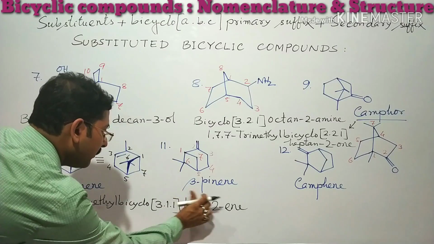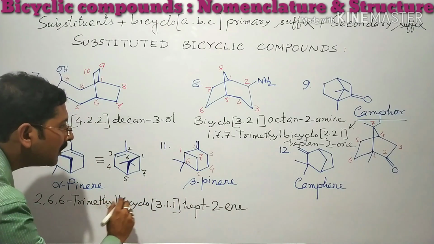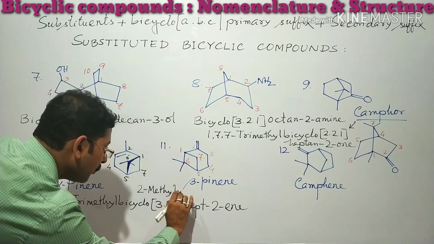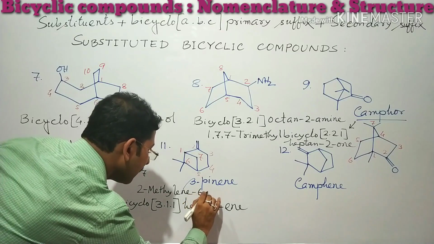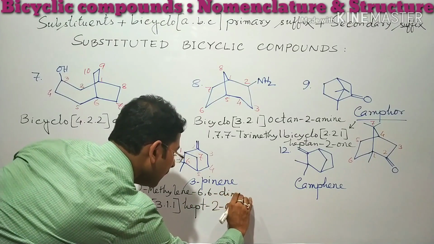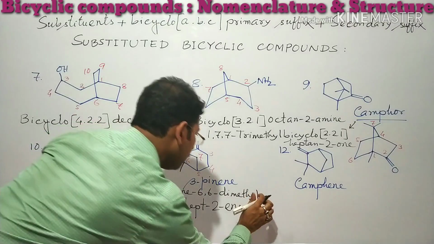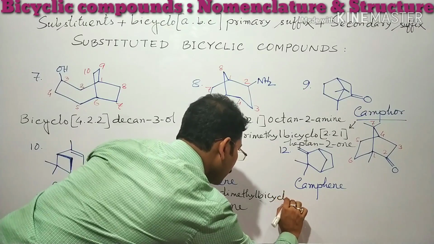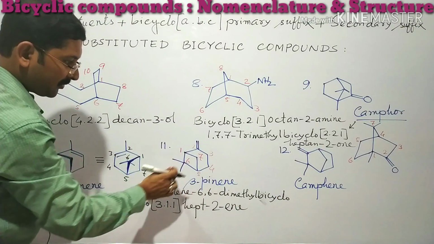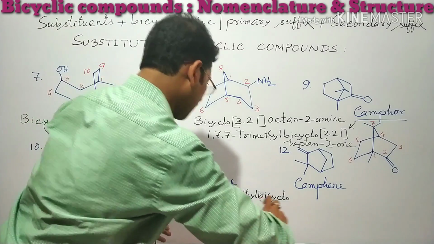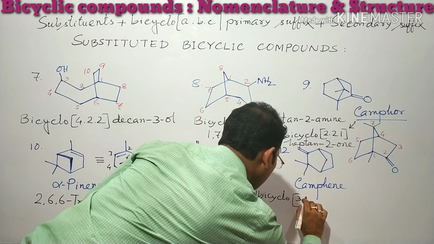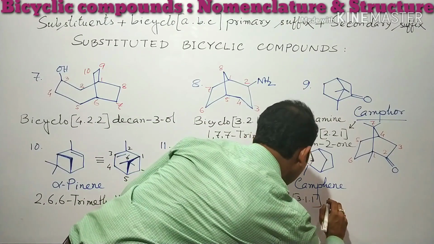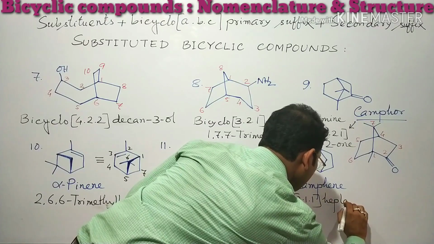So the name of the compound can be written as 2-methylene-6,6-dimethylbicyclo, 3, 1, 1, and total 7 carbons are there. This is heptane.